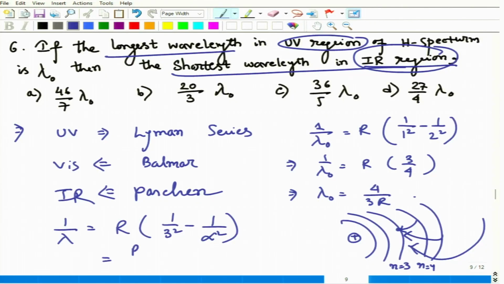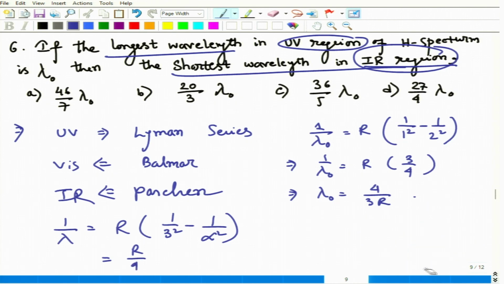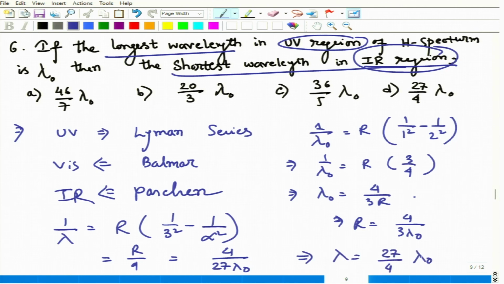So it is actually R by 9. Now we just have to put what R is here. R is actually 4/3 lambda naught. So it's then 4/27 lambda naught. So lambda will be 27/4 lambda naught. So this will be the correct option, D.